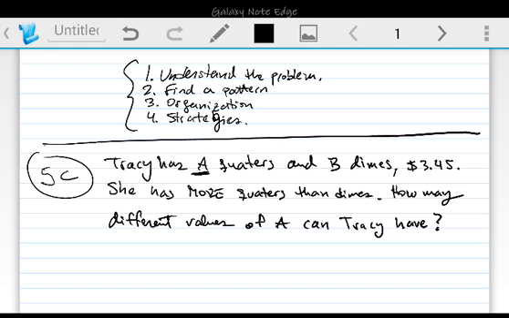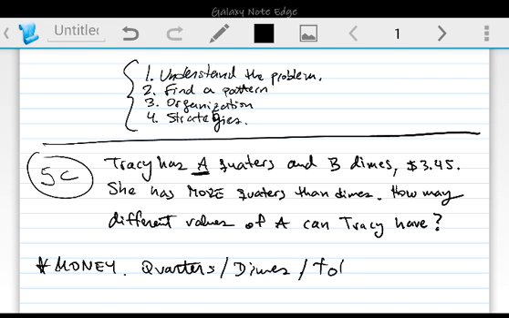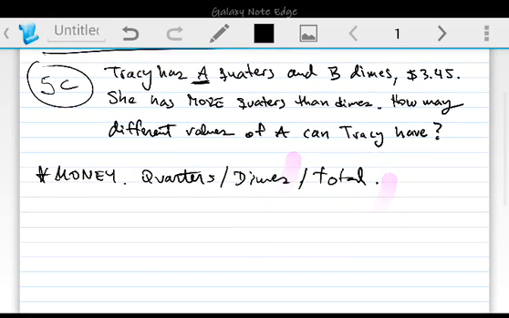The problem is a money problem. It has to do with counting money. We have quarters and dimes, and we have a total. Let's begin by defining what these things are.